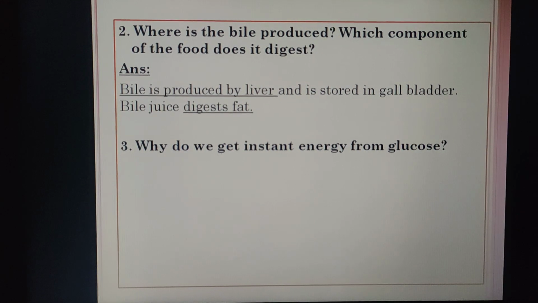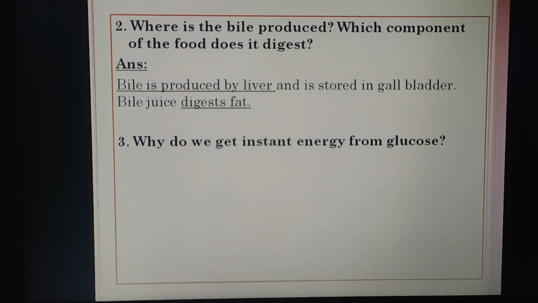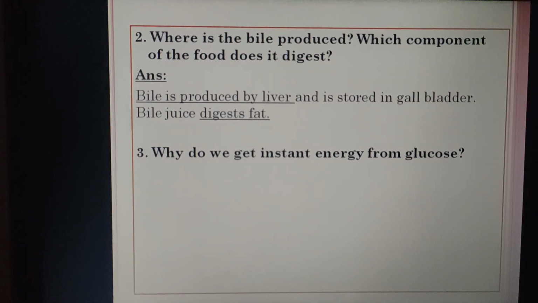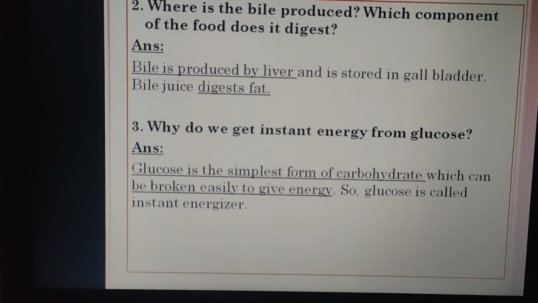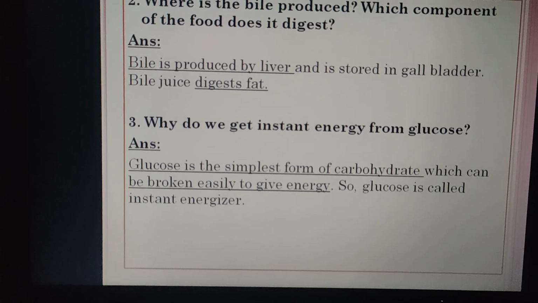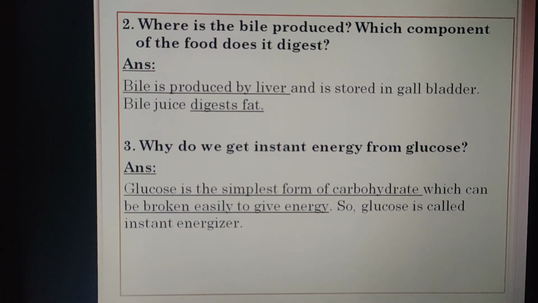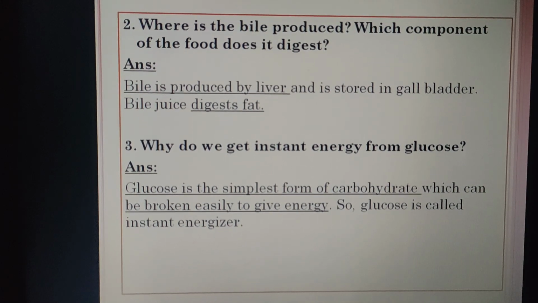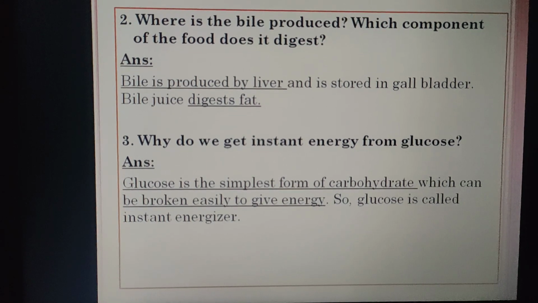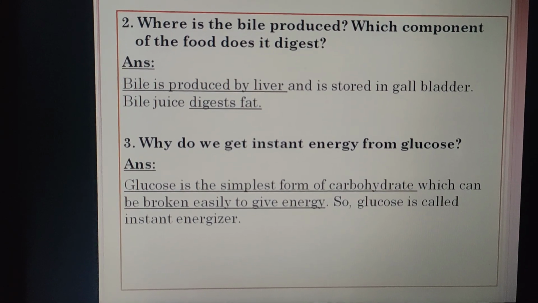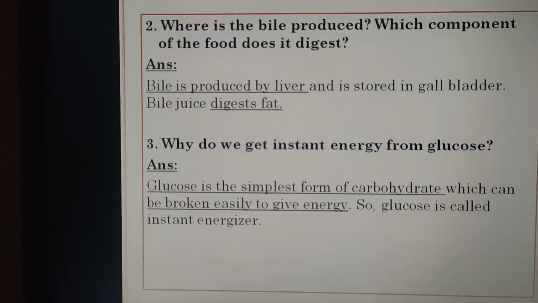So hence no digestion is required and it is directly absorbed inside your body and it will give you instant energy. Okay, glucose is the simpler form of carbohydrate which can be broken down easily to give energy. So glucose is called an instant energizer. Even when you are admitted to the hospital, they provide you a glucose drip, which means with the help of liquid they give your body food.